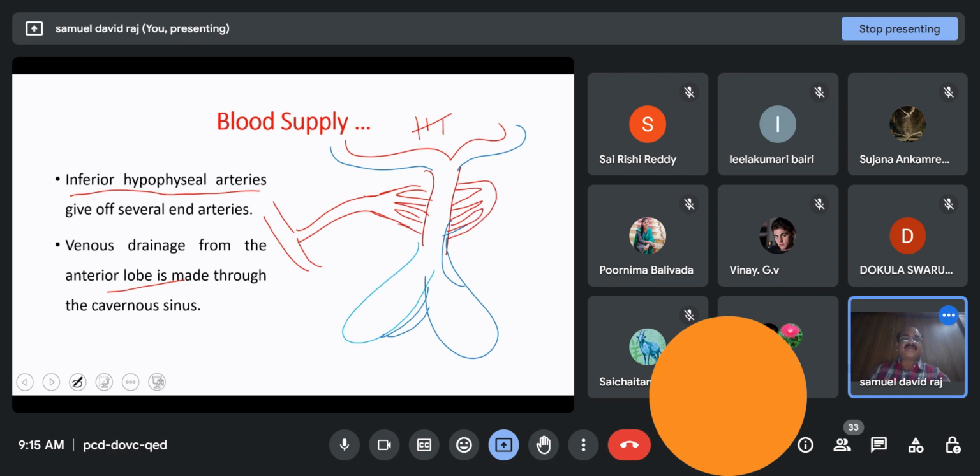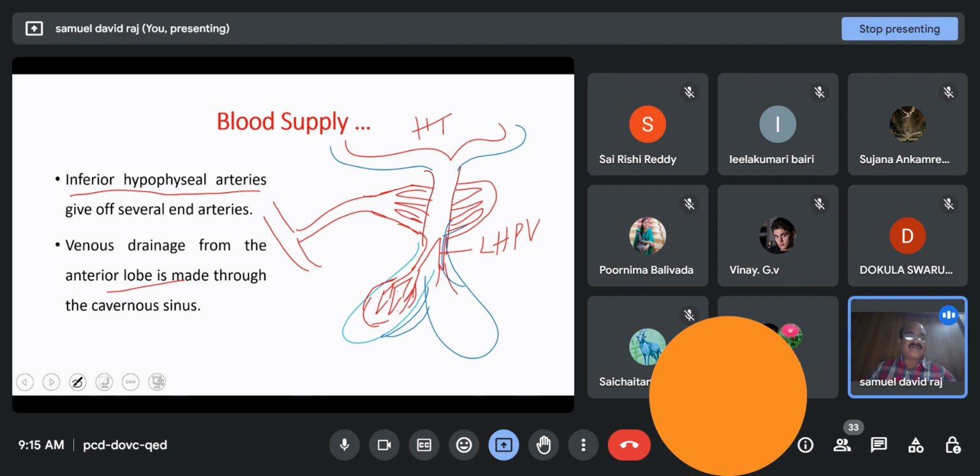This capillary plexus drains blood into the long hypophyseal portal vein, which forms a capillary network again in the pars distalis as well as pars nervosa.